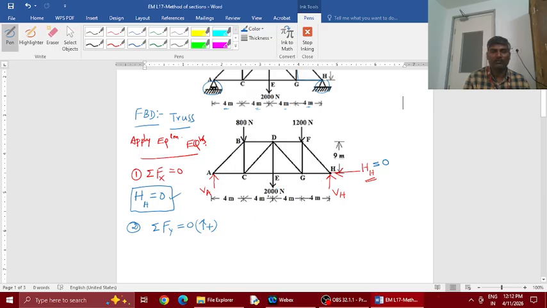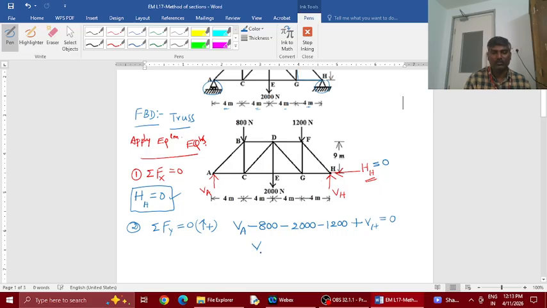Coming from left, VA is vertically upward, positive force. 800 at B downward, minus 800, coming to 2000 downward, and 1200 downward. Then VH upward equal to 0. So we have taken all vertical forces acting on this truss.